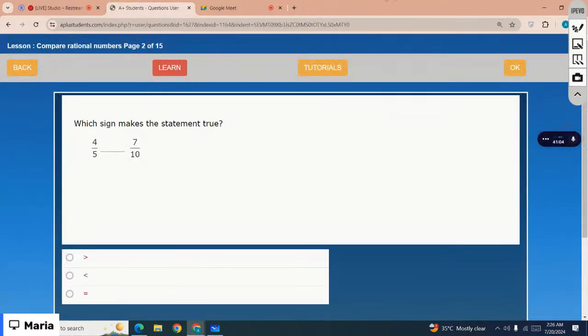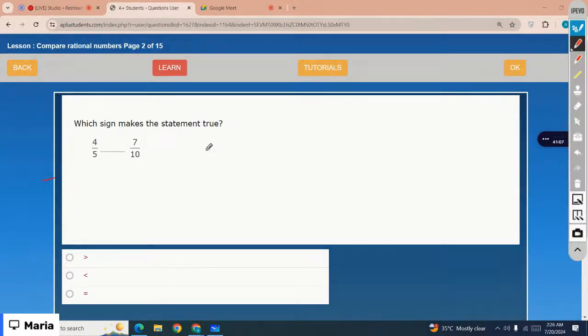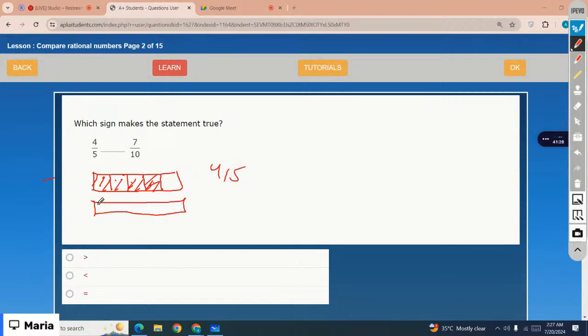Now compare 4 by 5 to 7 over 10. This one represents 4 by 5, right? And this one represents 7 over 10.